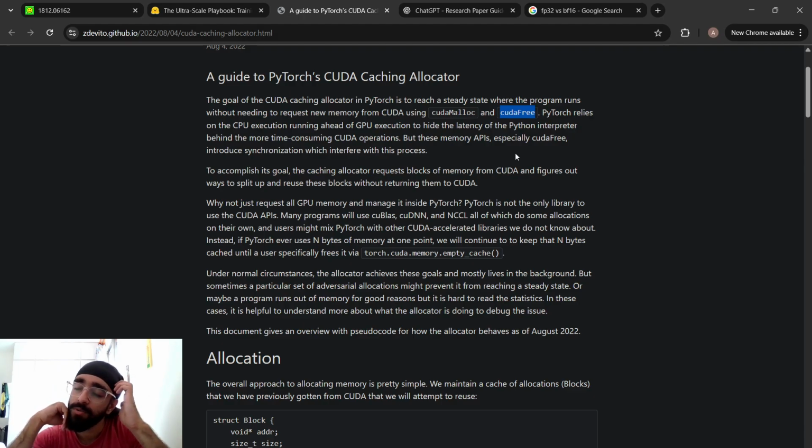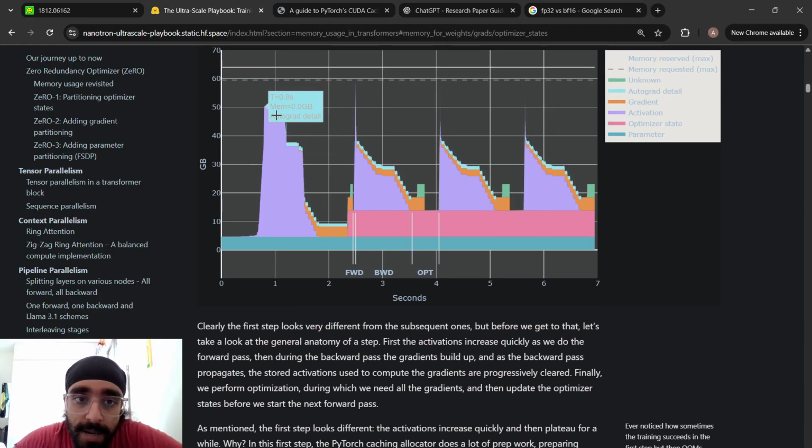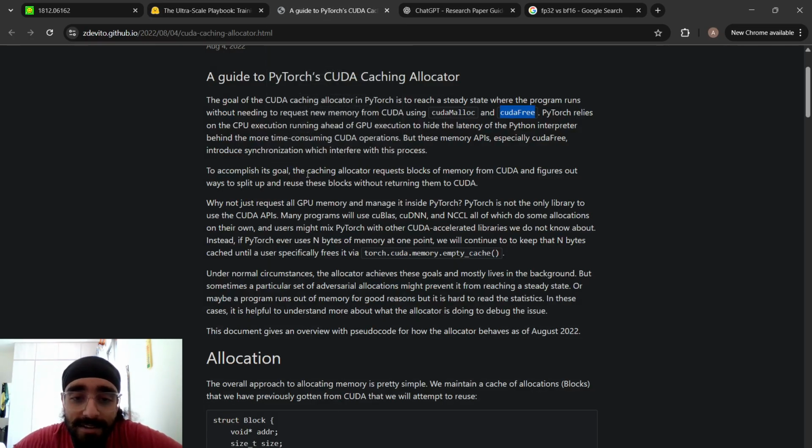Since we do not want to make multiple calls to cudaMalloc and cudaFree, PyTorch keeps control of the blocks and manages the memory by itself. So this is PyTorch doing some magic and figuring out how it can manage the CUDA blocks that it already has access to.